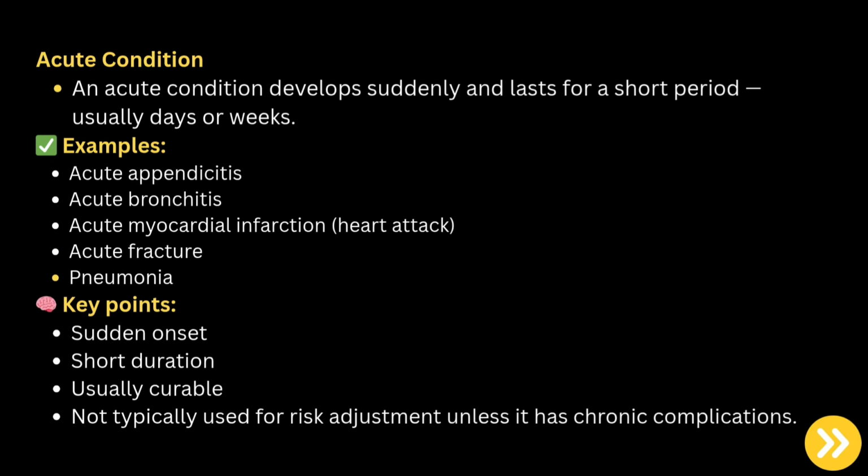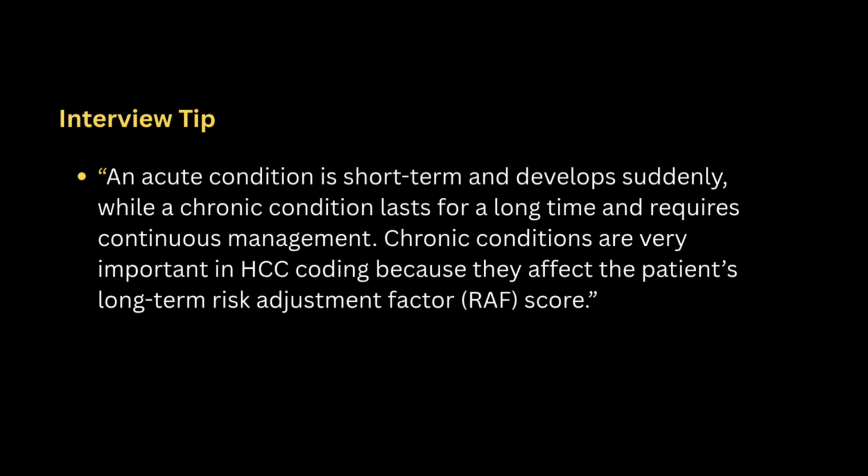An acute condition develops suddenly and lasts for a shorter period, usually days or weeks. Example: acute appendicitis, acute bronchitis, acute MI, acute fracture, pneumonia, etc. Key points: sudden onset, short duration, usually curable, not typically used for risk adjustment unless it has a chronic complication.